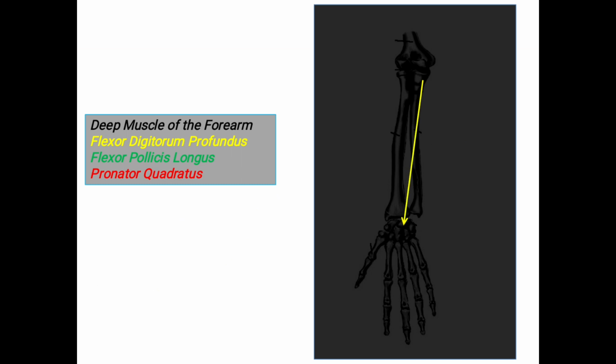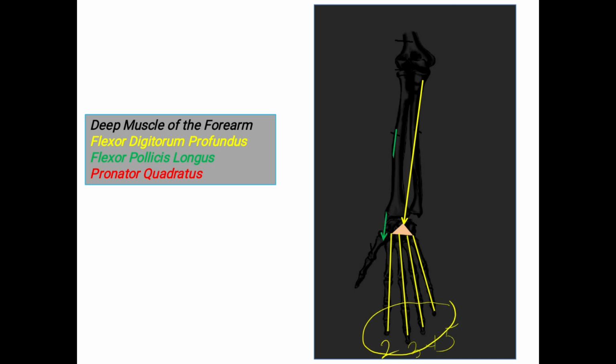So these are the deep muscles of the forearm. Number 1 is your flexor digitorum profundus with insertion at the distal phalanx, namely of the second, the third, the fourth, and the fifth. Okay.